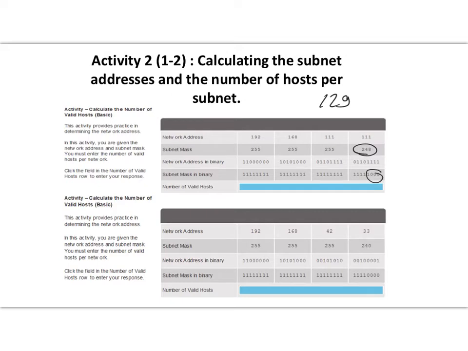So /29 is equivalent to all of this, right? So it's 2 to the power 3, minus 2, because it's host address. Next, 240: we know that 240 is 1111 and then all zeros. So this is 4, so 2 to the power 4 minus 2. Very straightforward so far, right? It will be harder and harder.